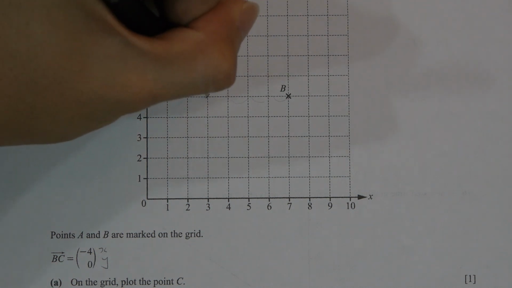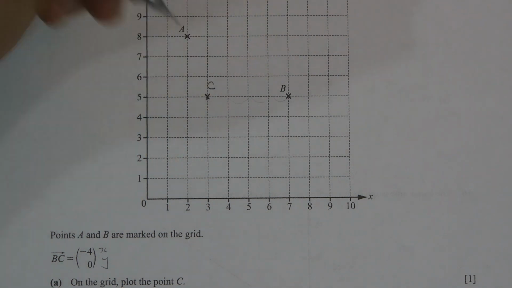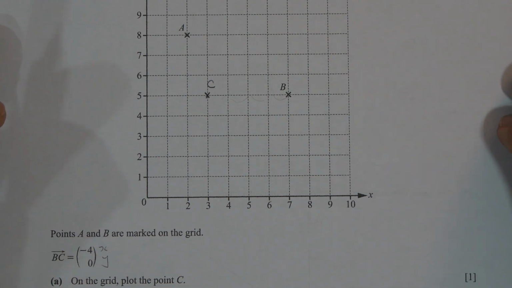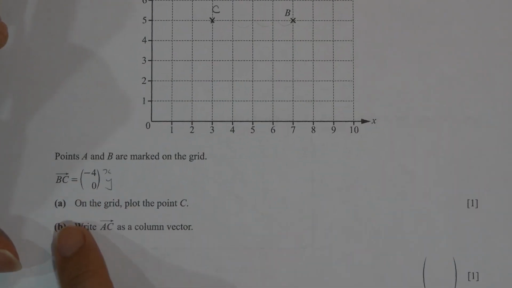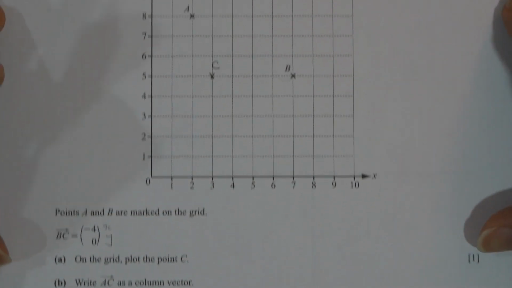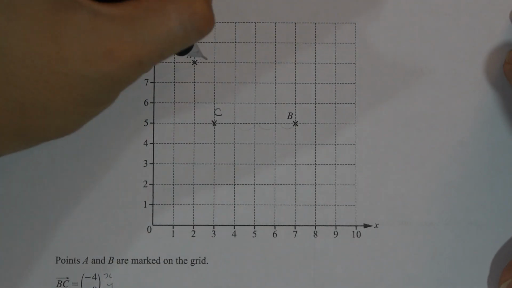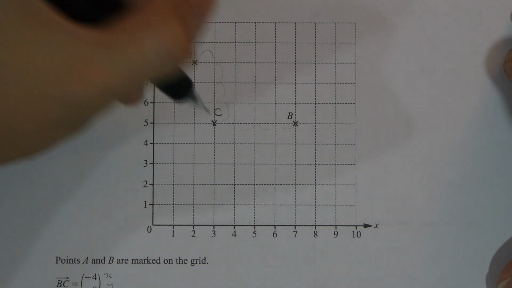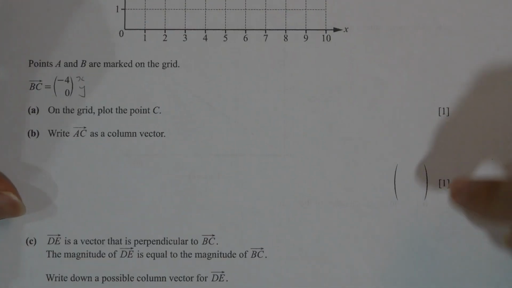Then you'll be able to get the coordinate of C. And then to find AC's column vector, A actually shifted to the right by 1 and shifted downwards by 3. So the result will be 1, -3.